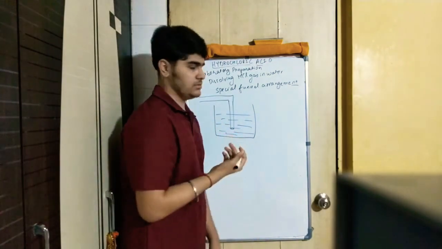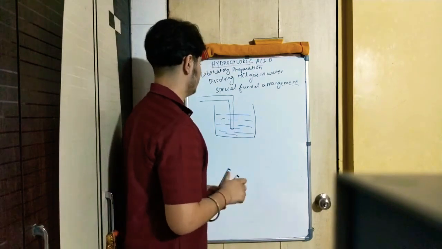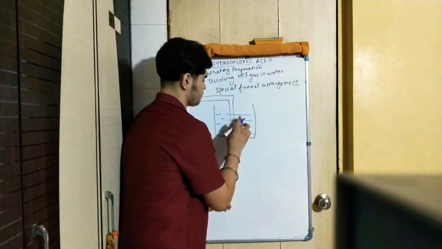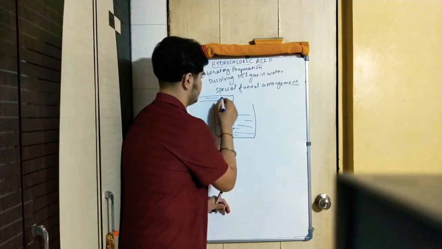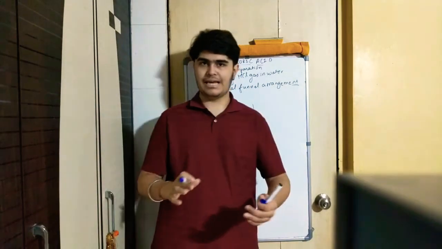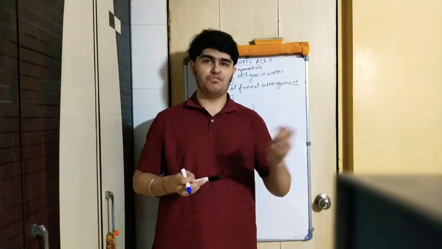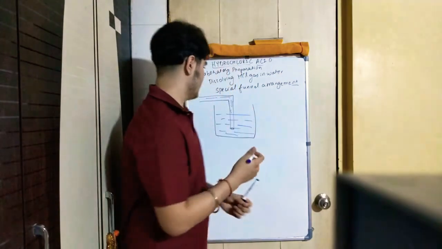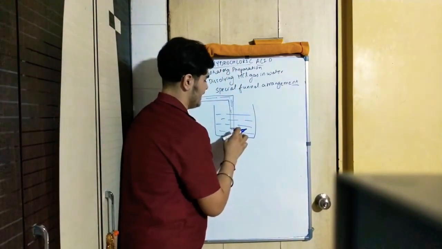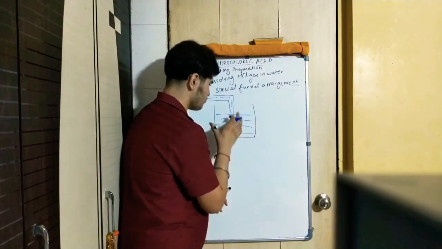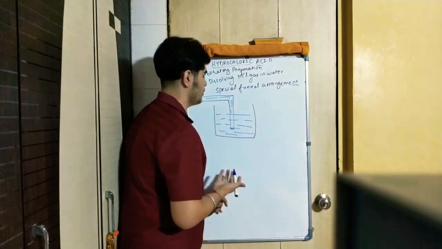What happens if the preparation is done this way? First, the HCl gas from here reaches here. As you know, HCl gas is very soluble in water. 1 volume of water dissolves about 452 volumes of HCl gas. So the HCl gas gets absorbed and dissolved here. It is highly soluble in water.